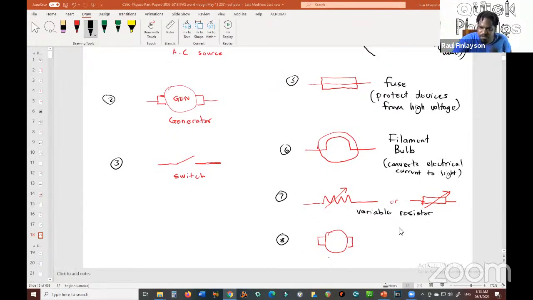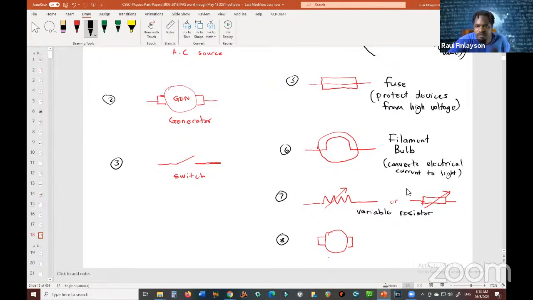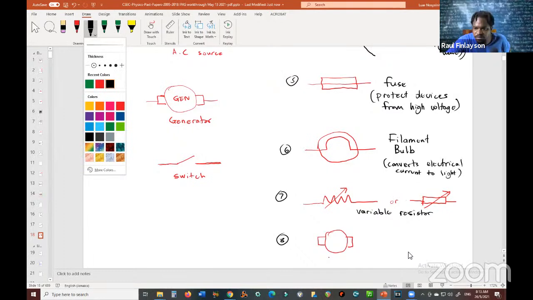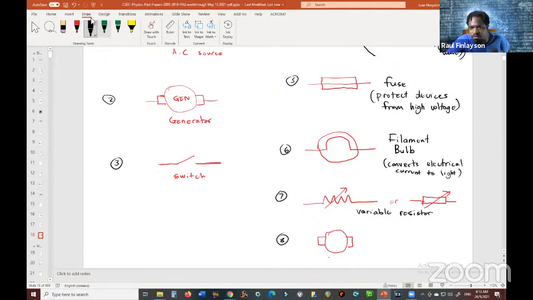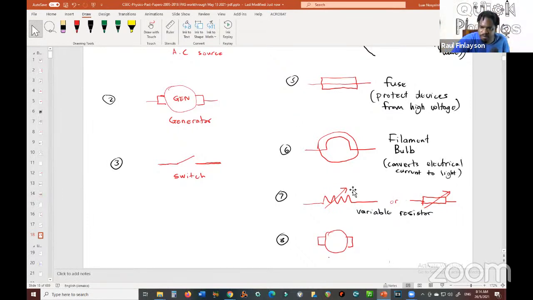Number 8 now would be the motor. Again, the motor has an important function. All right, there you go. So here's our motor.